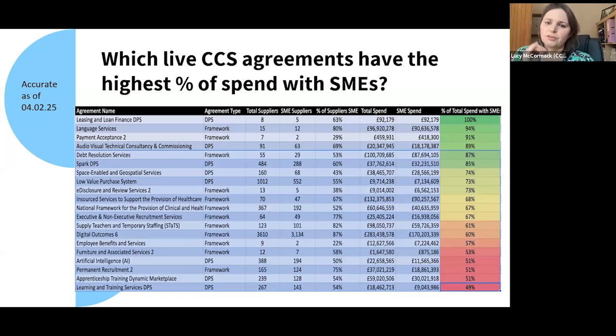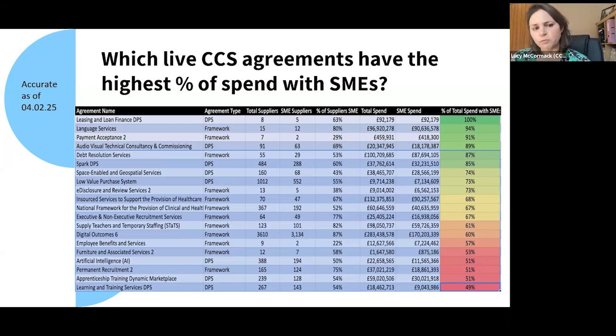So crucially, I also wanted to show which live CCS agreements have the highest percentage of spend with SMEs, because it's all well and good having agreements that are very SME friendly in terms of the numbers that are on them. But what most SMEs will be interested in is which are the ones I should focus on to give me the highest chance of success. And so this is what this particular slide demonstrates as well.